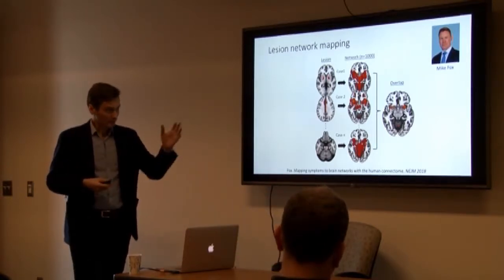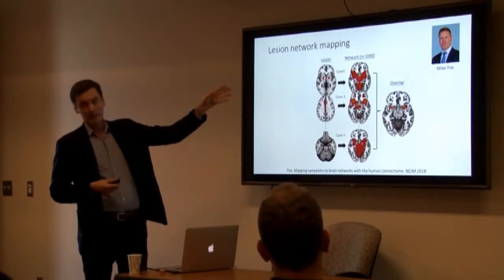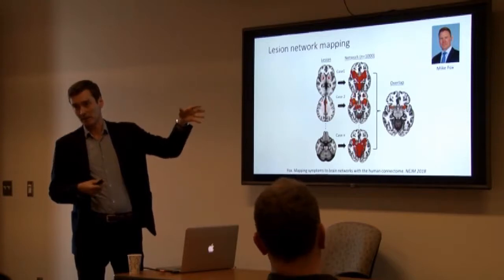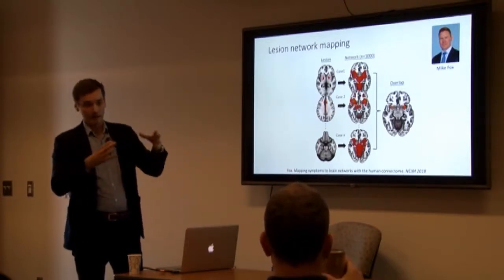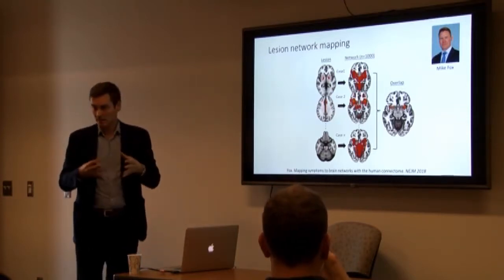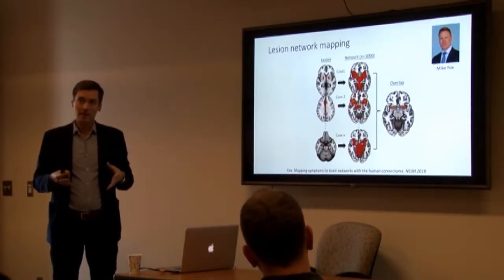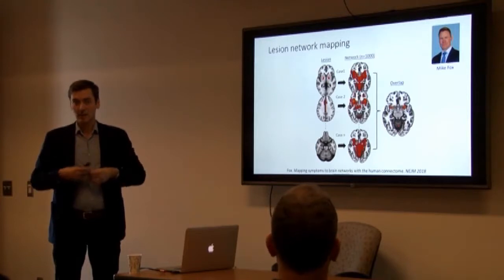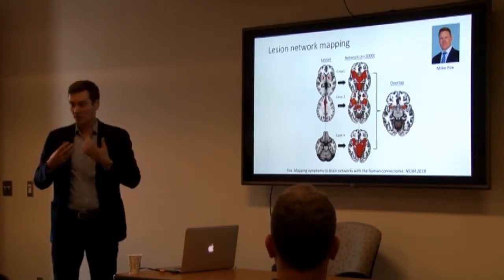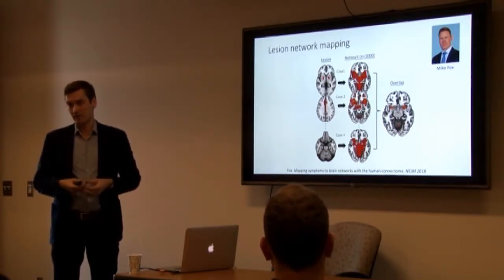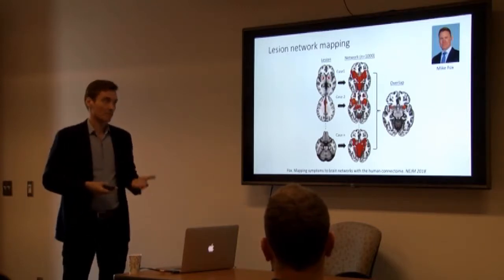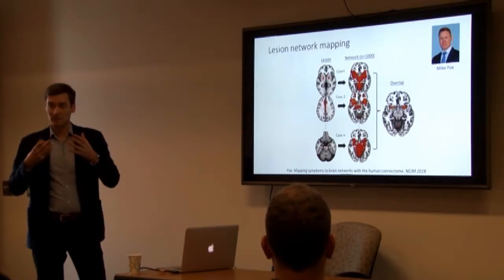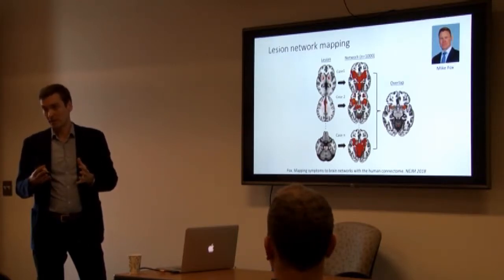And then we use these lesion locations as seeds for resting state connectivity fMRI analysis. The analysis is conducted in a large sample of healthy volunteers, in this case 1,000 healthy volunteers, and we think that this models the normal connections in the human brain. Similarly as, for example, a structural MRI template is the normal structure of the human brain.